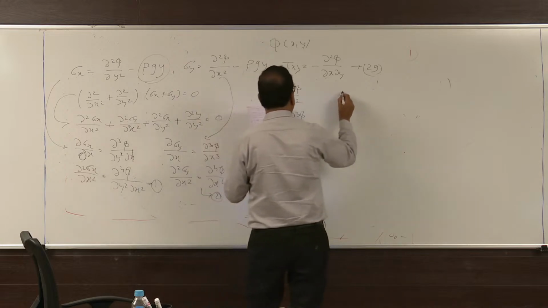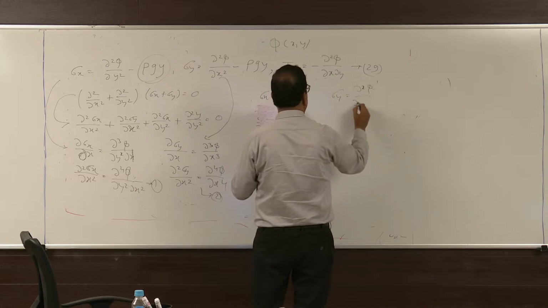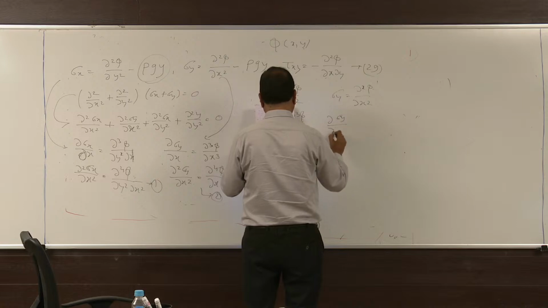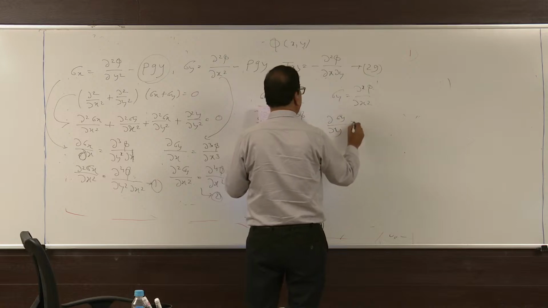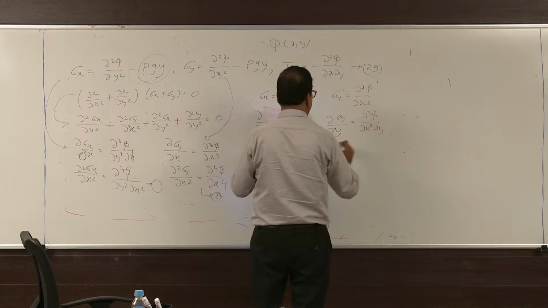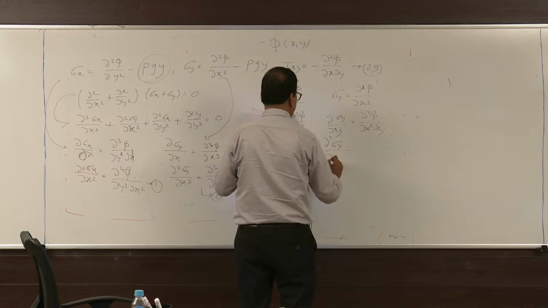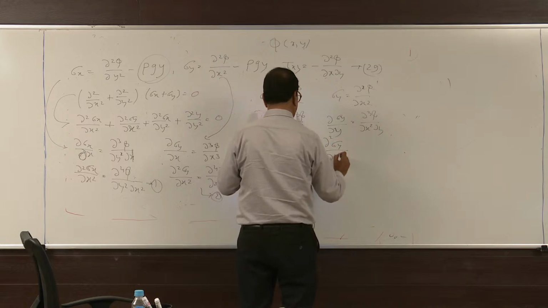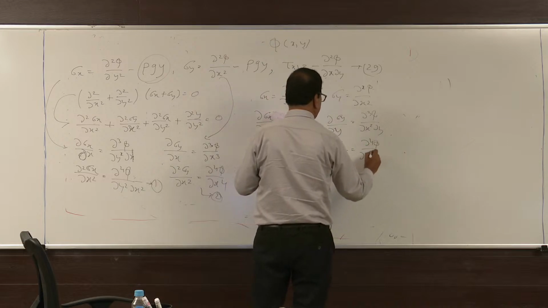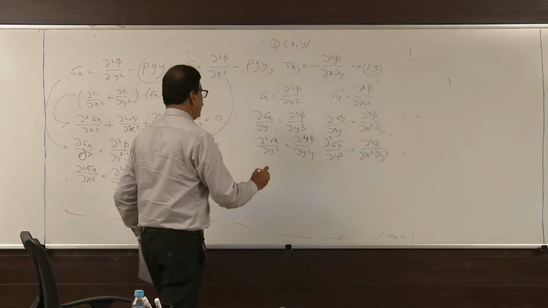Similarly for sigma y, del sigma y upon del y is del cube phi upon del x square del y. Del square sigma y upon del y square is equal to del 4 phi upon del x square del y square. This is the 3 and 4.